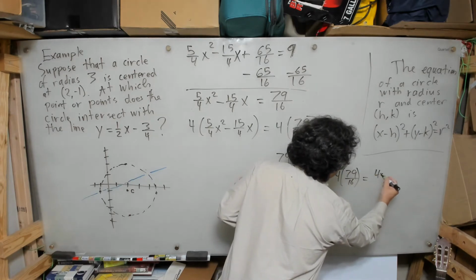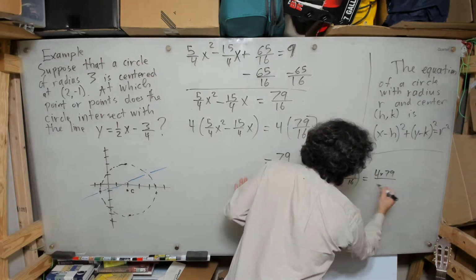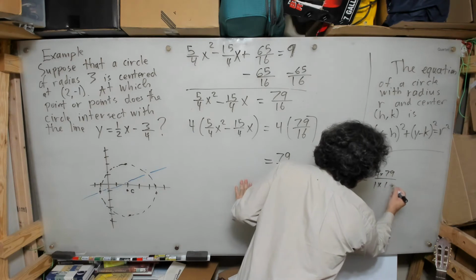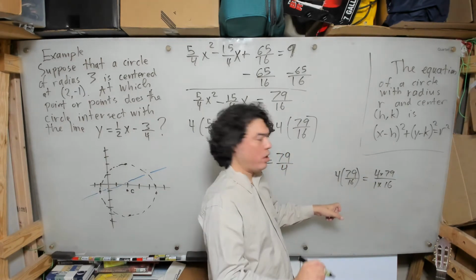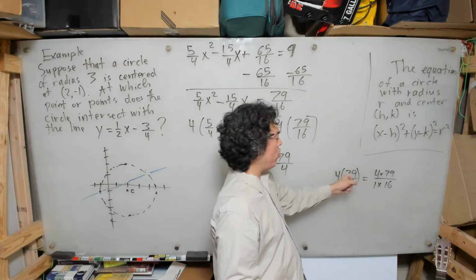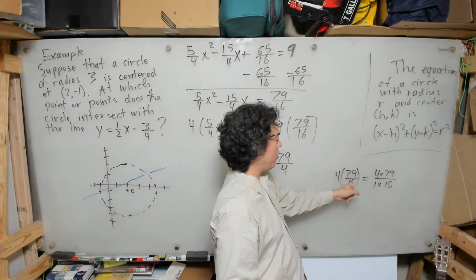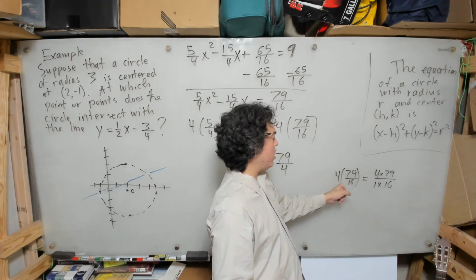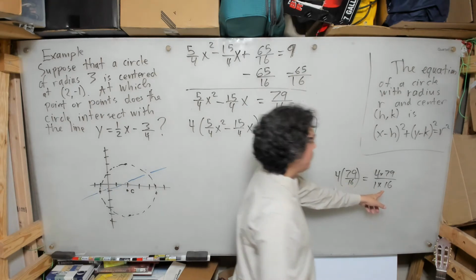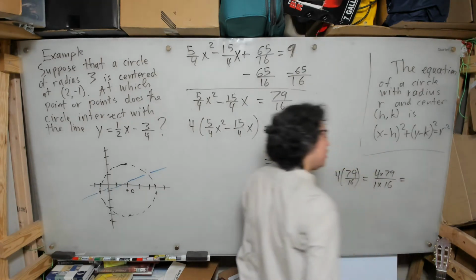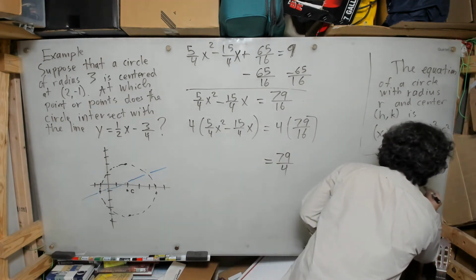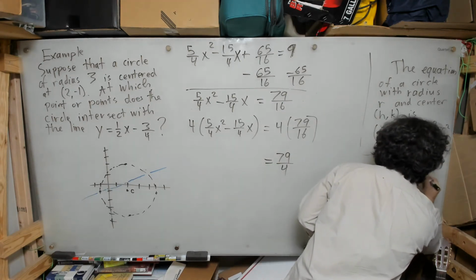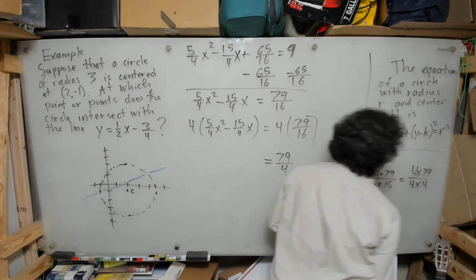This means 4 times 79 over 1 times 16. Why? Because I replace 4 with 4 over 1, and I multiply. The numerators multiply, and the denominators multiply. 1 times 16 is just 16, but I can rewrite that 16 on the bottom as 4 times 4. And so I get this.